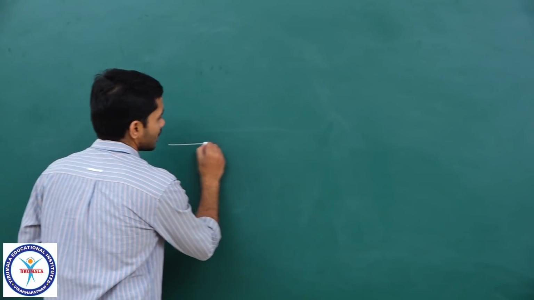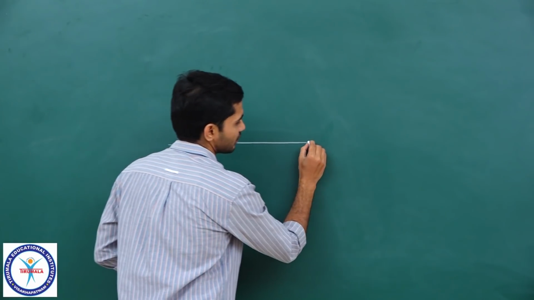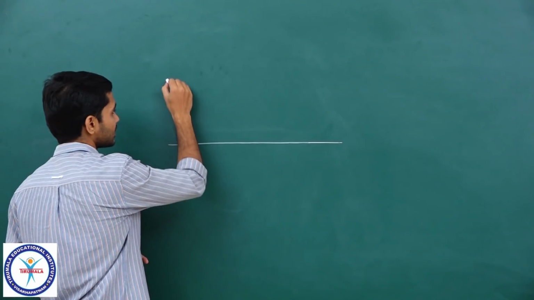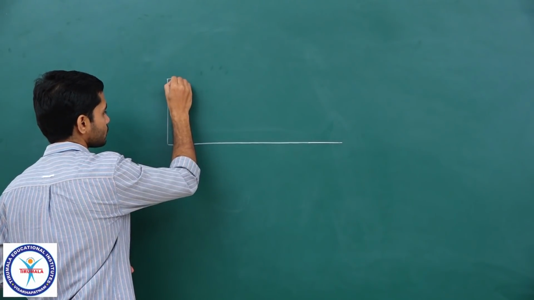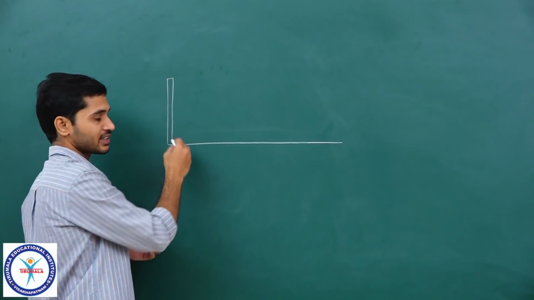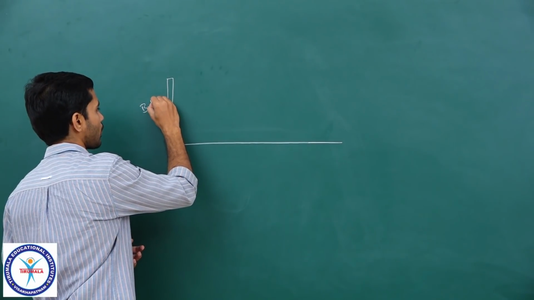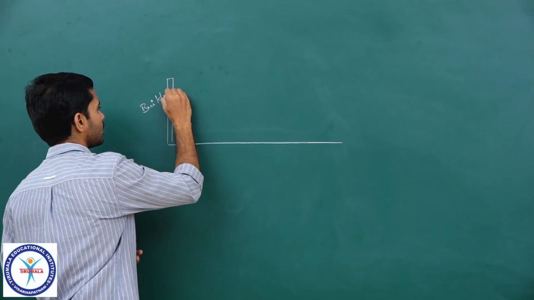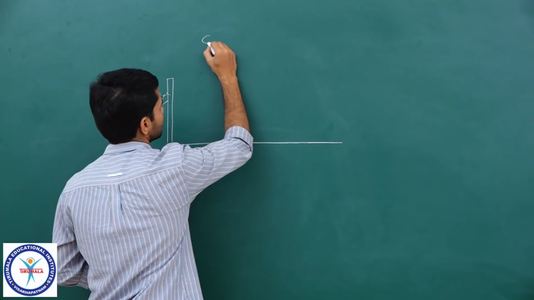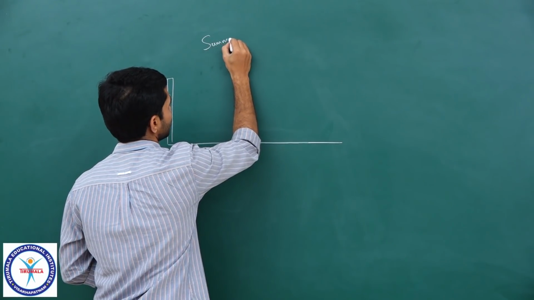So, generally when we consider this as the surface of earth, and let us say there is an object over here, a building let us consider. So, this is a building, and let us say this is summer, a hot day.